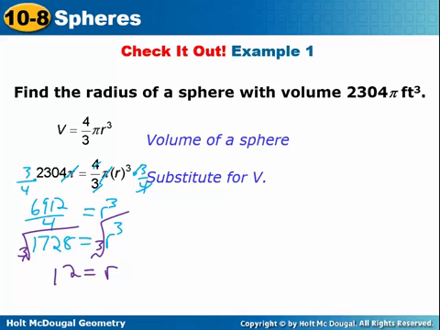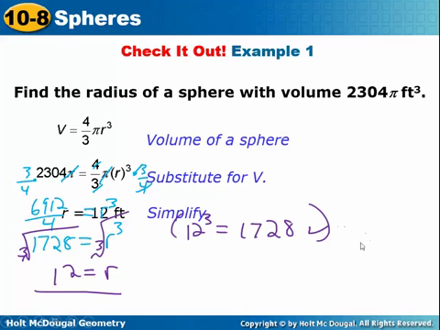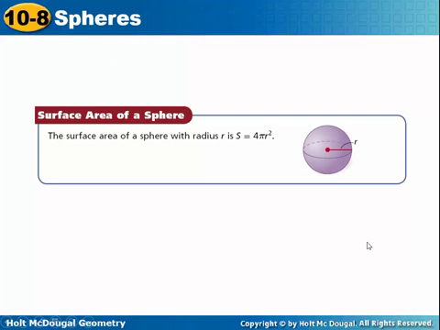And I can check it by going 12 to the 3rd power, which is indeed 1,728. That's just my check. So did they ask me for the radius? Yes, they did. So the radius is 12, and I'm all done with that problem. So sometimes you're looking for the volume, sometimes you'll be looking for like the radius or a diameter.